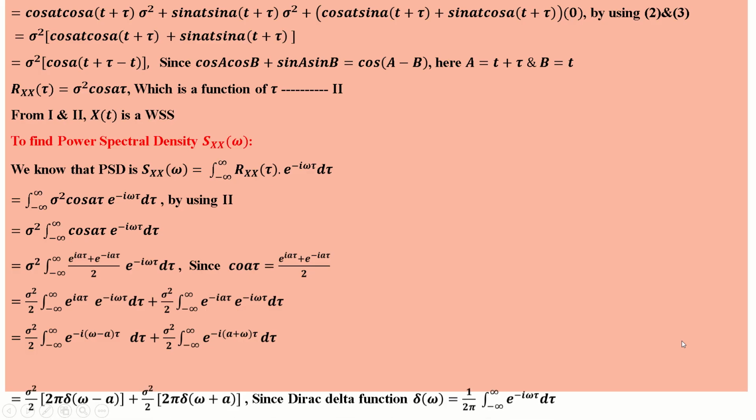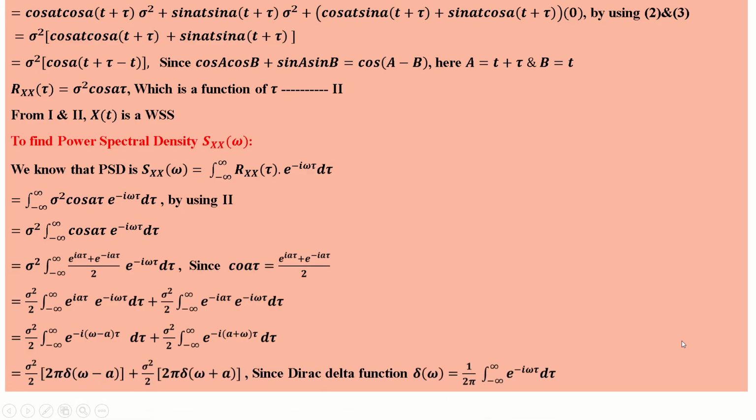We know the delta function δ(ω) is equal to 1/2π integral from −∞ to +∞ of e^(iωτ) dτ. Instead of ω in the first integral, you have ω−α.